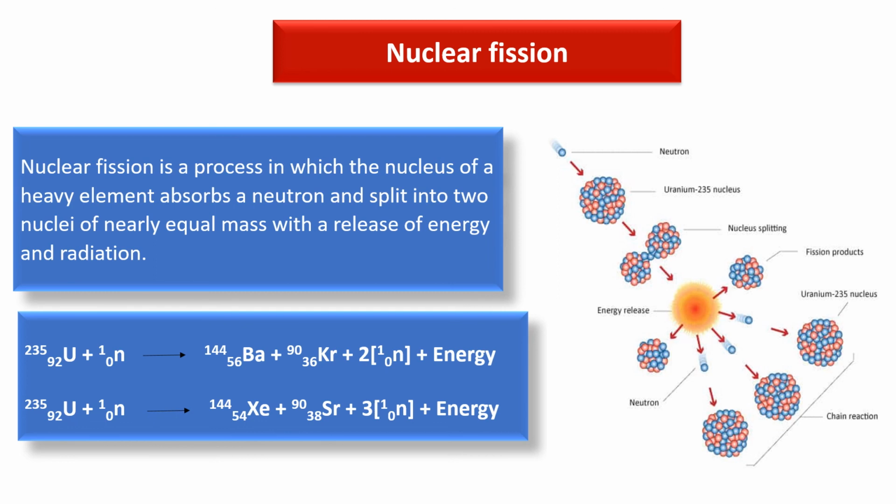So fusion is combining 2 lighter nuclei together, while fission is the splitting of a heavy atom into 2 or more nuclei of nearly equal masses.